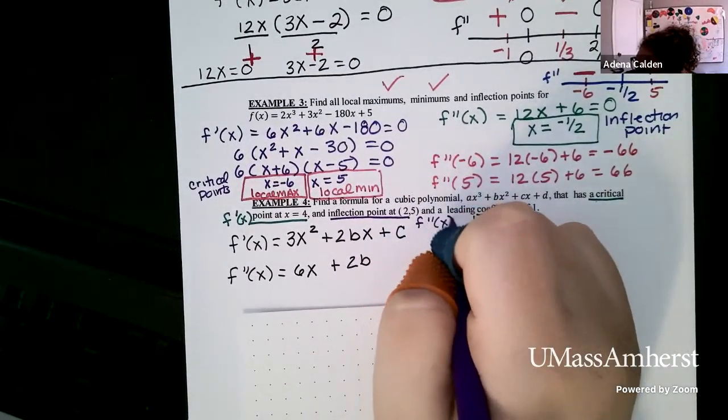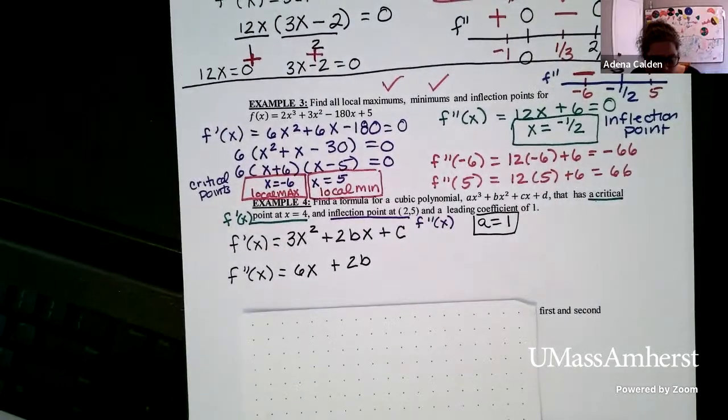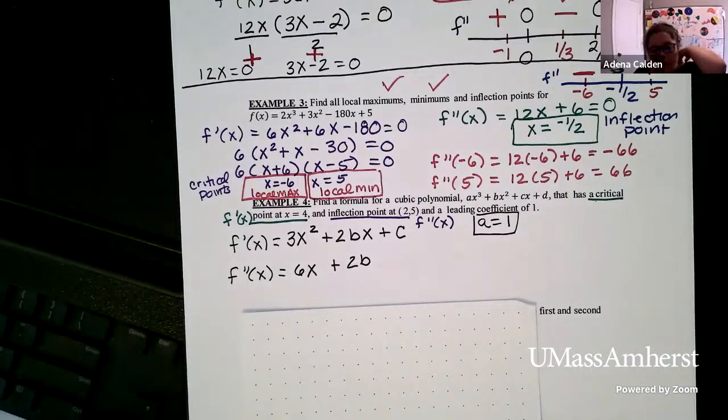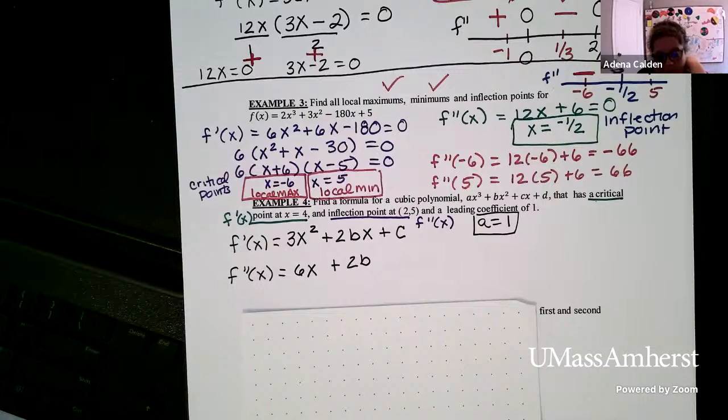So I'm going to write f double prime of x, because I know that the inflection point also relates to the second derivative. So what do I know about critical points? I know that we have a critical point if the first derivative equals 0. So what that means is if I were to plug a 4 into the first derivative, the derivative would then have to equal 0. Okay. What do I know about inflection points?